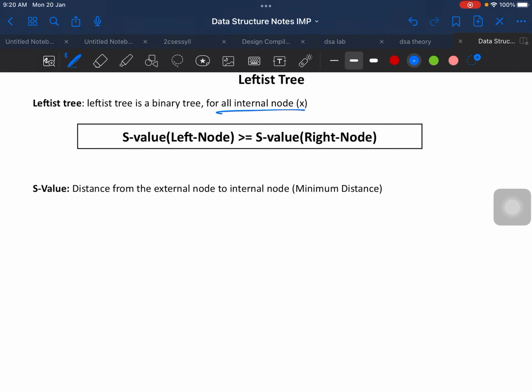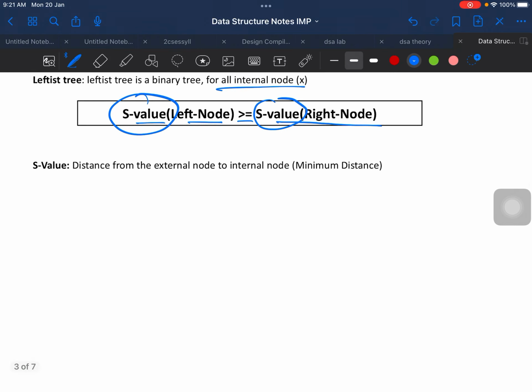The condition is: the s value of the left node is greater than or equal to the s value of the right node. You don't know yet what an s value is and how we calculate the s value of a particular node. We have to see that first, then we will discuss what this formula is saying. The formula is very clear: s value of left node is greater than or equal to s value of right node.